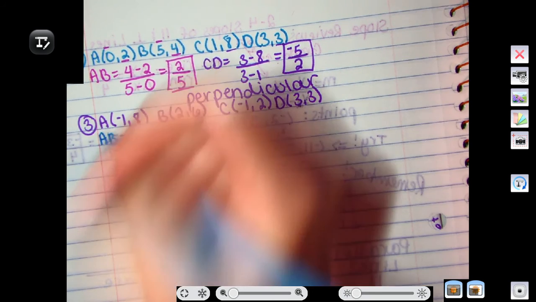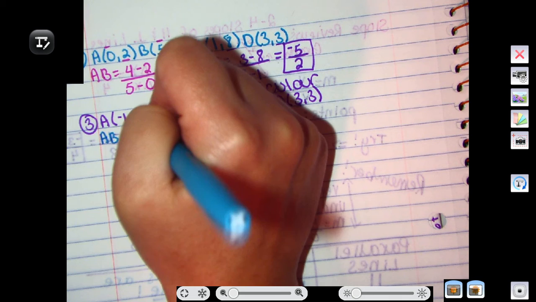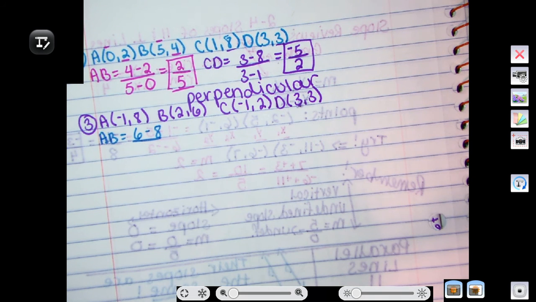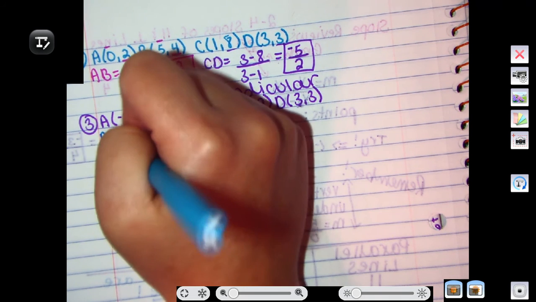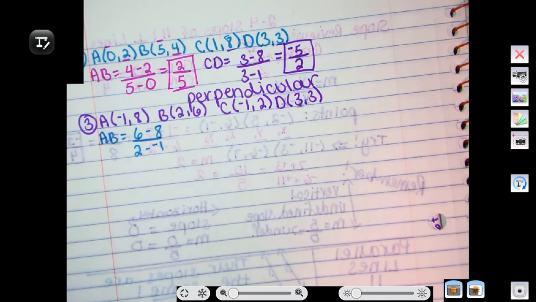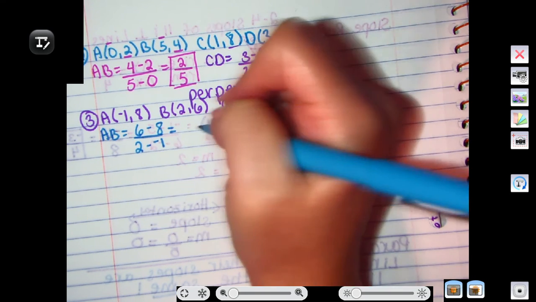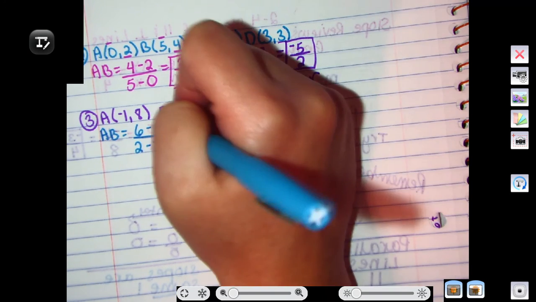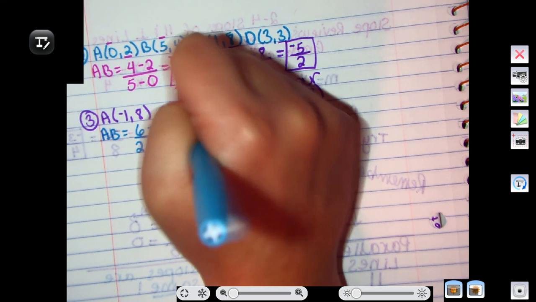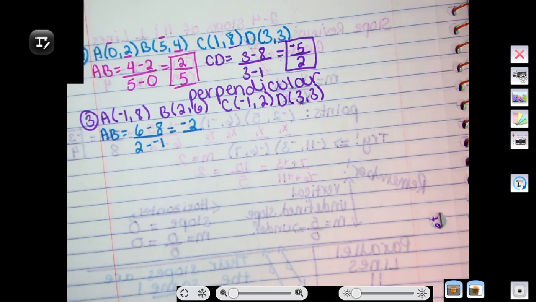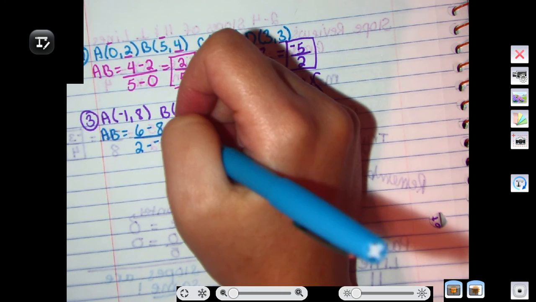So what is 6 minus 8? And what is 2 minus negative 1? What does that give you? That gives you negative 2 over 3.